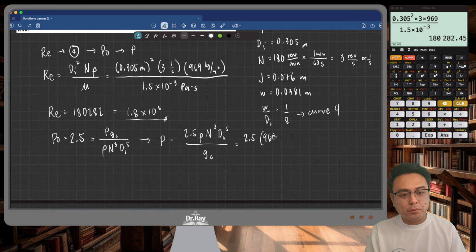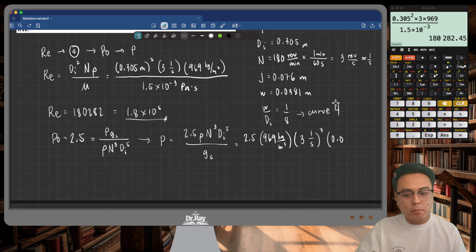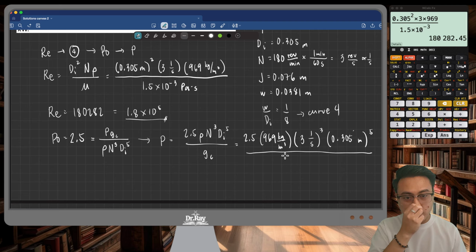Density, impeller speed, I'm going to use 3 revolutions per second, cubed, and then impeller diameter, meter raised to the fifth power, over gc. gc is 1 kilogram meter per second squared per Newton.